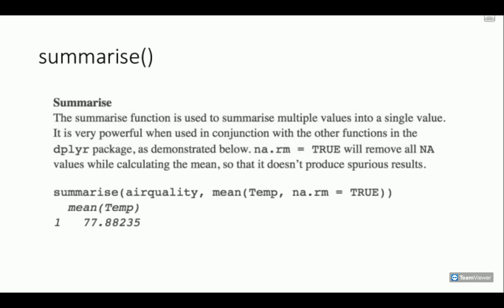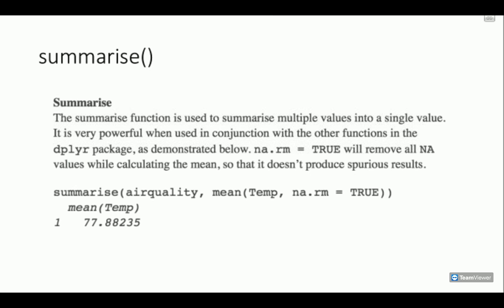This summarize slide is just to apply whatever function you have inside the summarize function to your data set. You have many ways of doing this, right? This is not something unique to this package. You have many ways of getting the mean of one particular column or the data set.